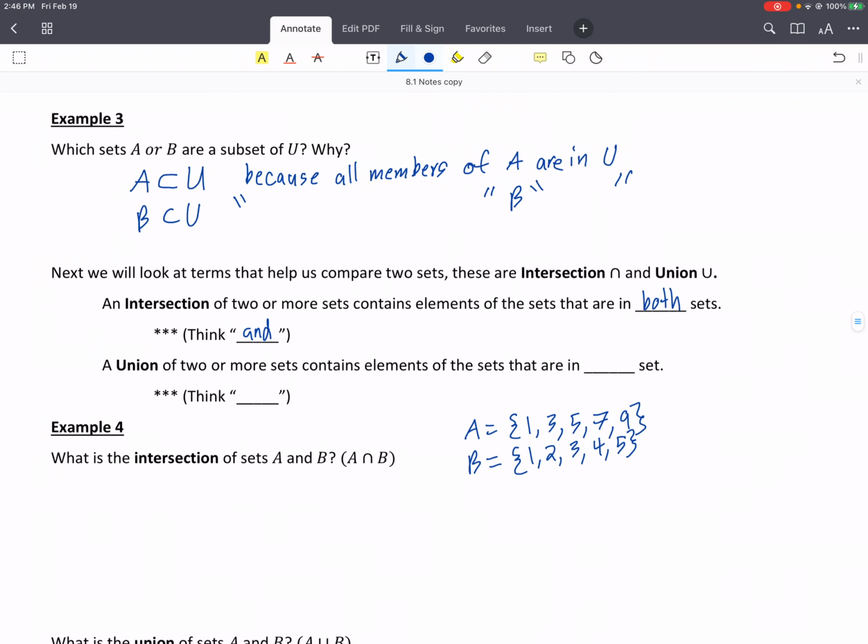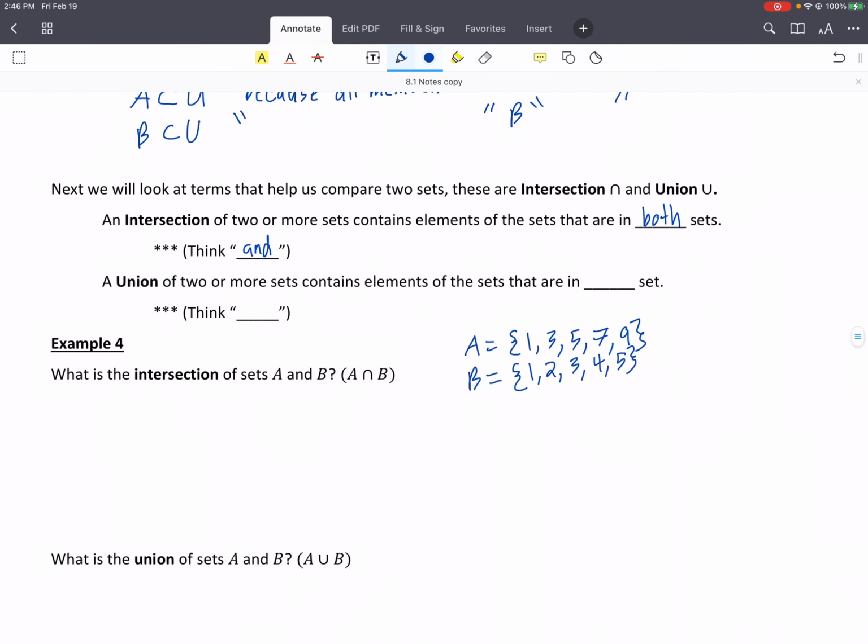Okay, so what is the intersection of sets A and B? So what elements are in A and B? We would denote that as A intersect B, or A upside down U B. So A intersect B is equal to, and we write this as a set, we've got to see what numbers are in both A and B. So we've got 1, 3 is in both of them, and 5 is in both of them. 7 is in A, but it's not in B, same with 9. 2 is in B, but not in A, the same with 4.